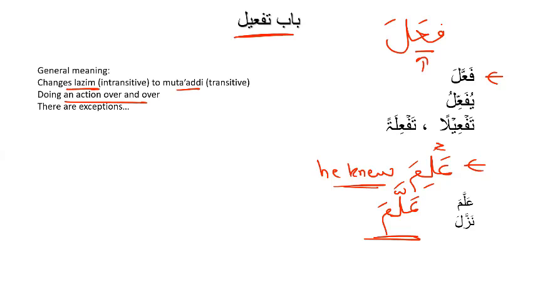And it also has a meaning of doing something over and over. And that's exactly what teaching is, right? So in teaching, it is transferring knowledge, and then it's not just a one-off. It is something that happens over and over. And another example here is nazzala.